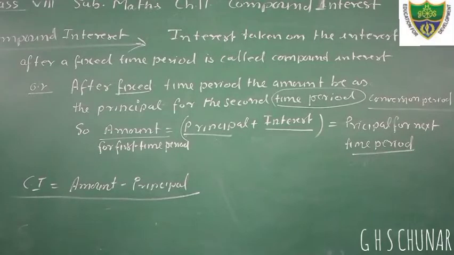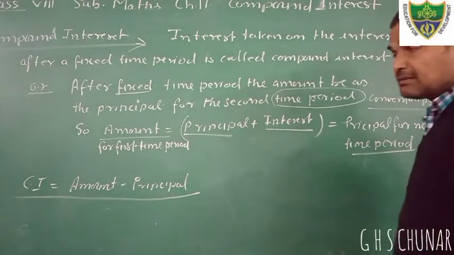In such a case, where the interest is compounded yearly, the interest accrued during the first year is added to the principal, and the amount so obtained becomes the principal for the second year. The amount at the end of the second year becomes the principal for the third year.